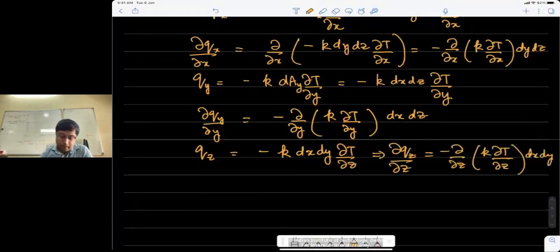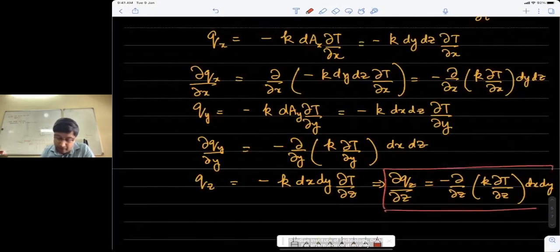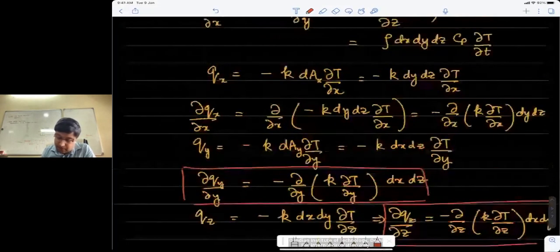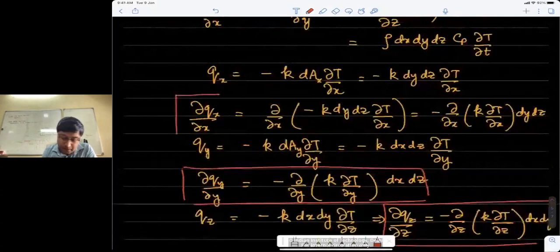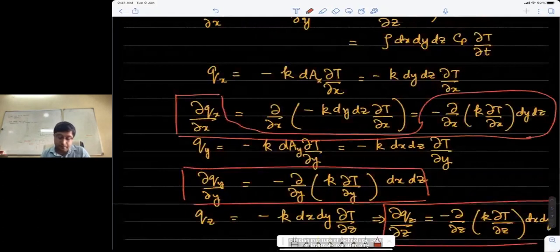The whole purpose of doing this was to assemble these expressions. So one, there is a second one here, and the third one is here.